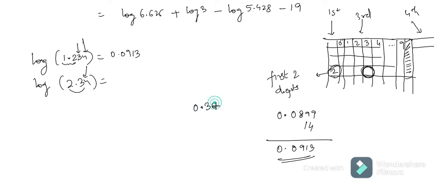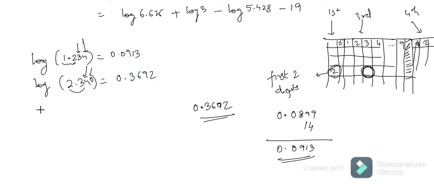So 0.3692, and the fourth digit is 0. 0 is not in the mean difference column. It starts with 1, then 2. So there is no mean difference column value. So the log value is 0.3692.